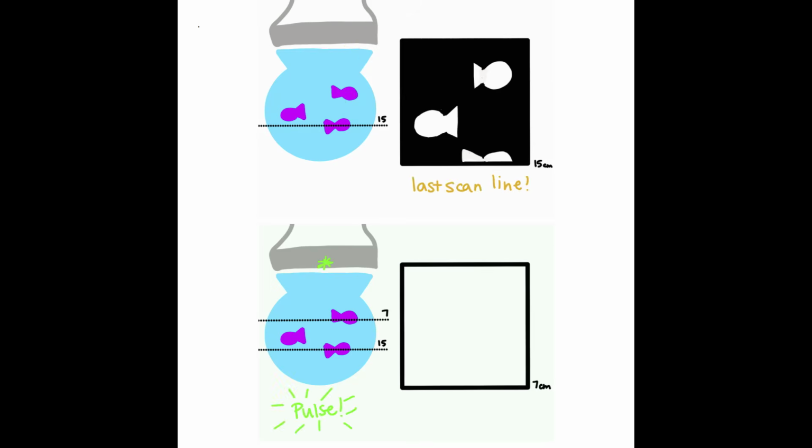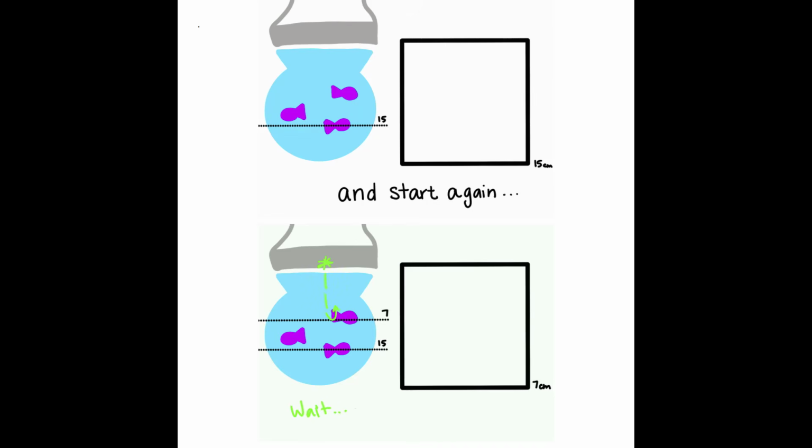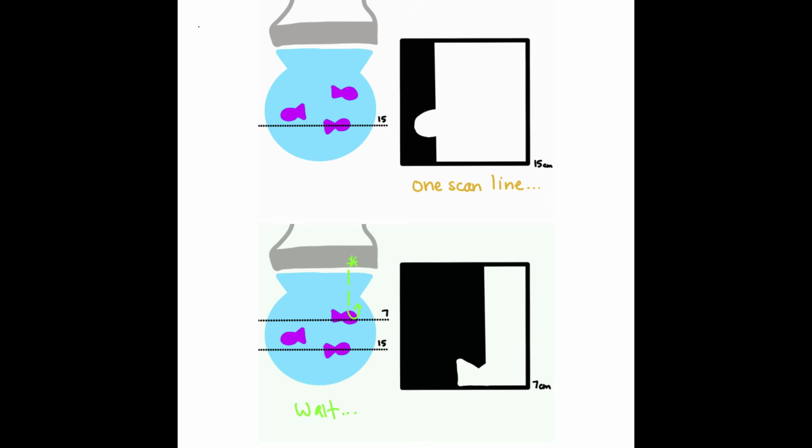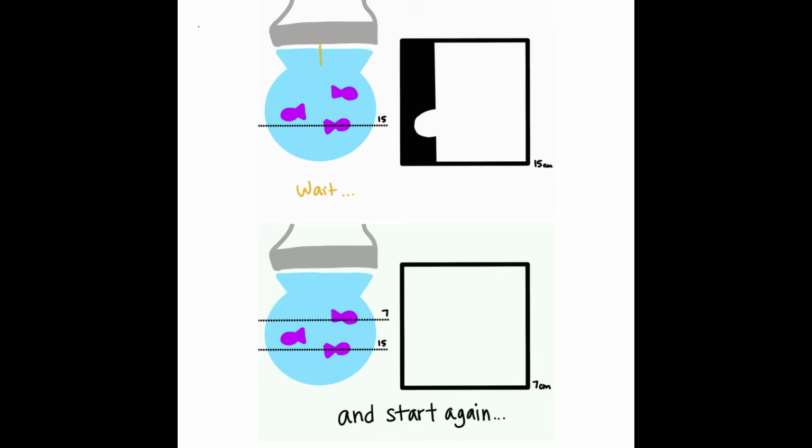This waiting time is the whole reason why we want to use the least amount of depth possible, especially for those of you imaging moving structures. We want as many refreshes of our frame as we can so we can get a very realistic representation of how the body is moving.